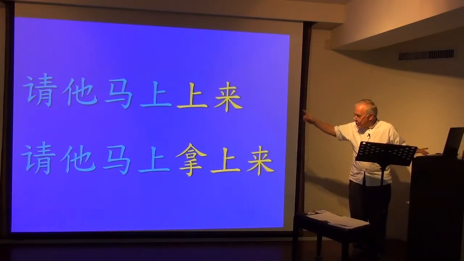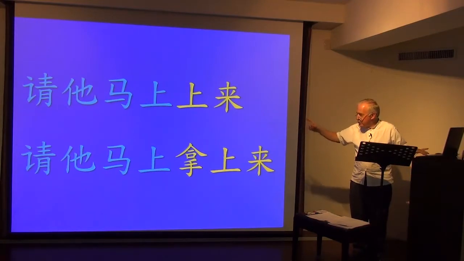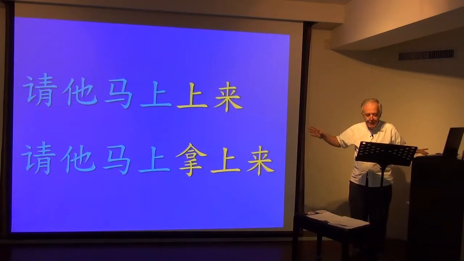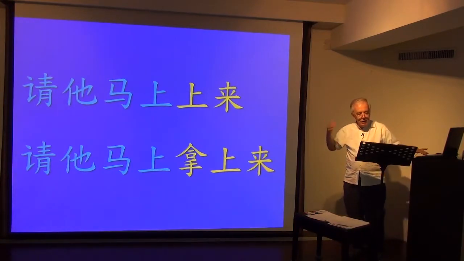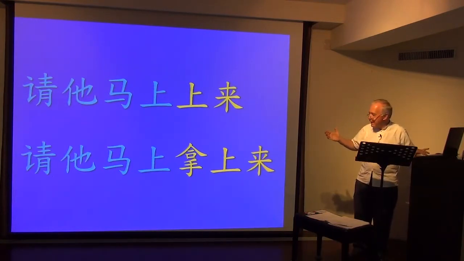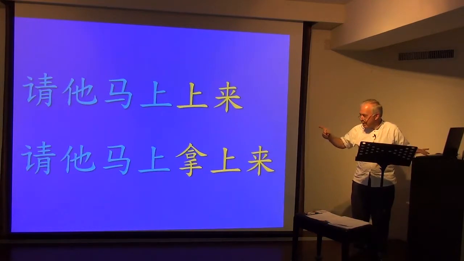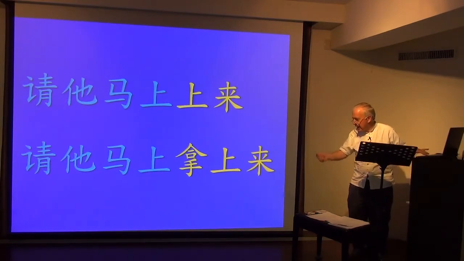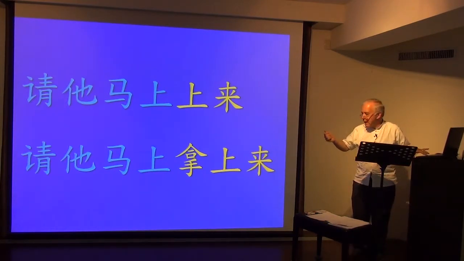But when 上下进出回过 and 起 plus 来 are added to verbs, they lose the come and go. They simply indicate direction. 请他马上拿上来, please ask him to bring it up here immediately.